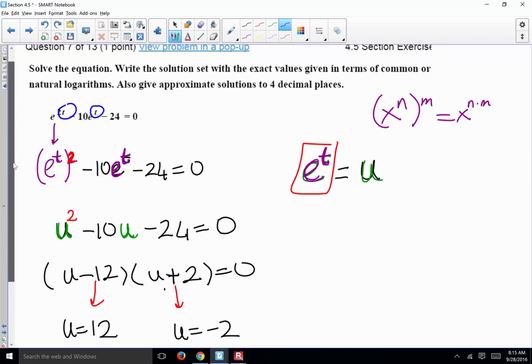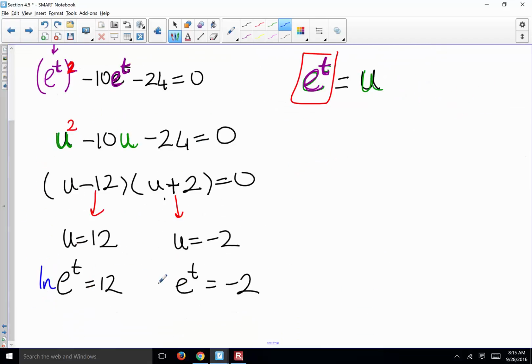So we take ln of both sides. And I get these two cancelled. Cancel, cancel, and t is the only thing left on the left side. t is ln 12, and t is ln of negative 2.